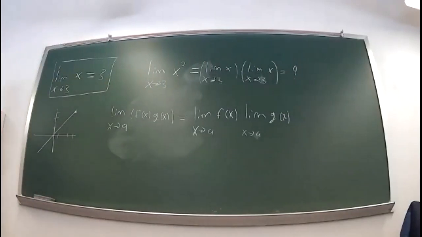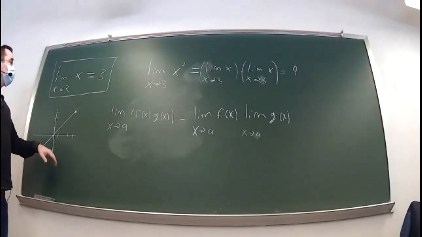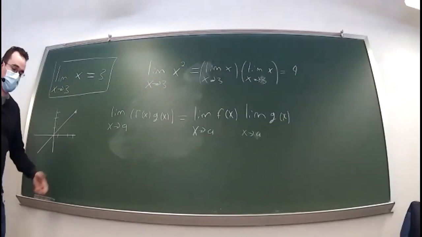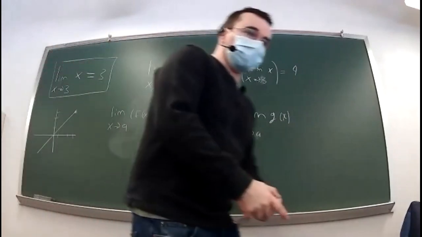So these limit laws, all of them, are just tools that allow us to take simpler limits, things that we know, and then combine them to find other kinds of limits.